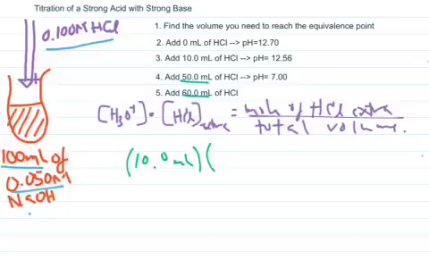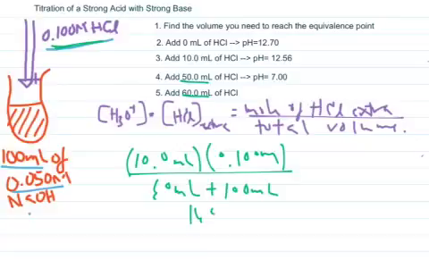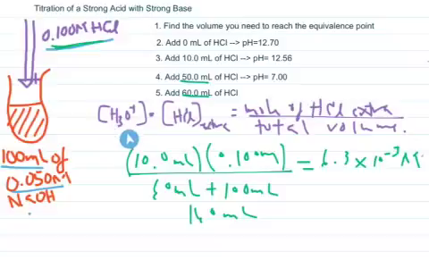We're going to multiply it by its molarity to give us the moles, all over the total volume. So we have 60 milliliters plus 100 milliliters that we started with of the hydroxide to give us 160 milliliters. This will equal 6.3 times 10 to the minus third molar, which is equal to our hydronium.